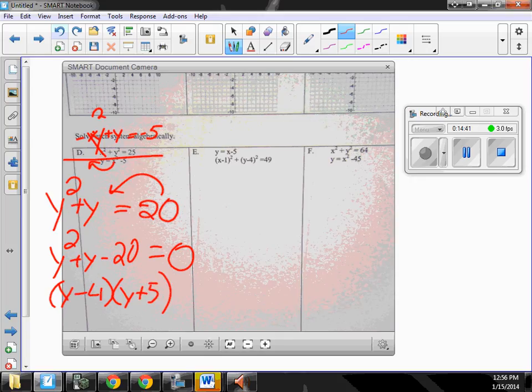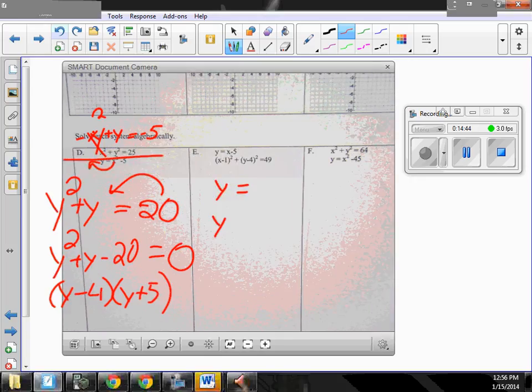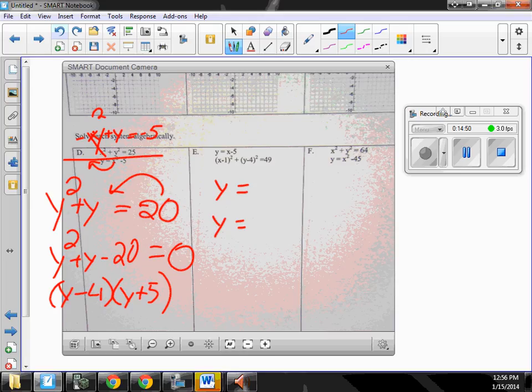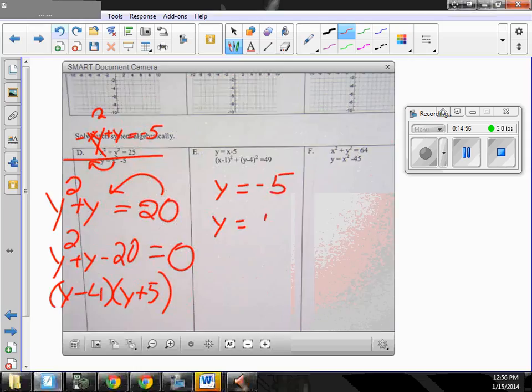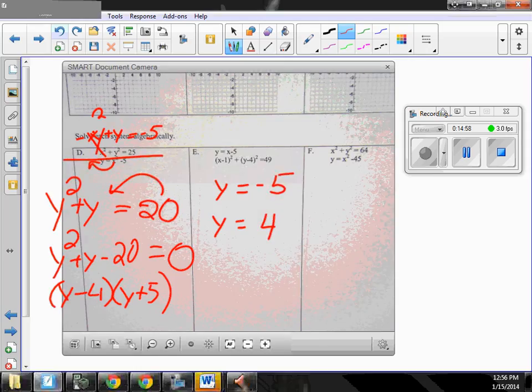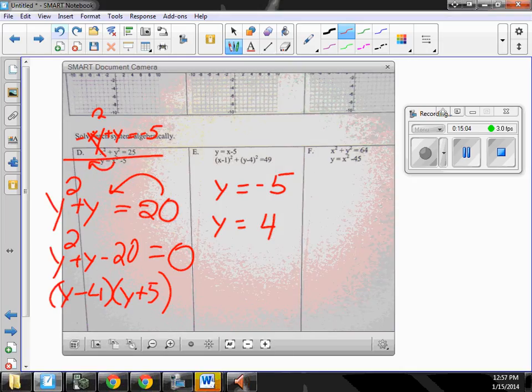So my y values are, what are my roots? Negative 5 and 4. So how many intersections does this have? Not necessarily. It has at least 2, but it could have more than 2. It could have as many as 4.